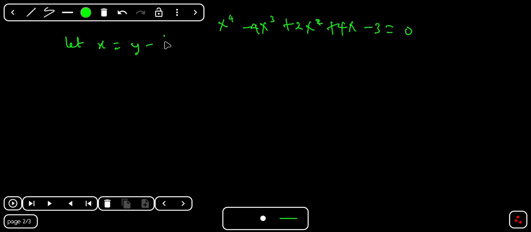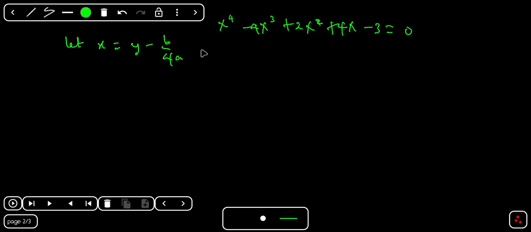Okay, so then we have this equation x raised to the power of 4 minus 4x raised to the power of 3 plus 2x raised to the power of 2 plus 4x minus 3, everything is equal to 0. So how do we solve this quartic equation? I don't want to use the trial and error method. So what I'm going to use is to make a substitution. So I'm going to let x be equal to y minus b over 4a.